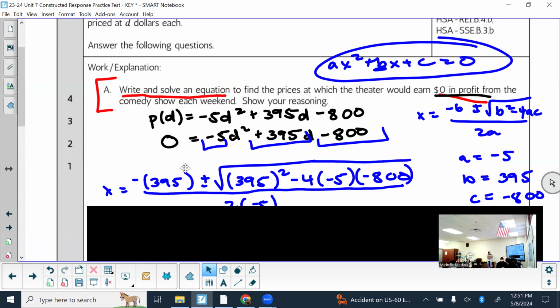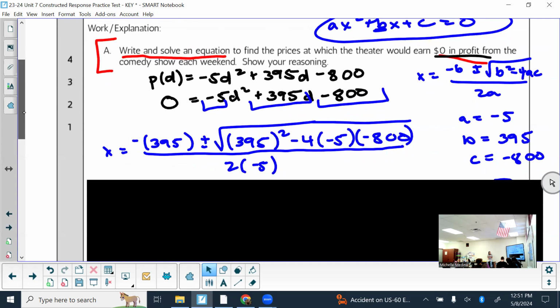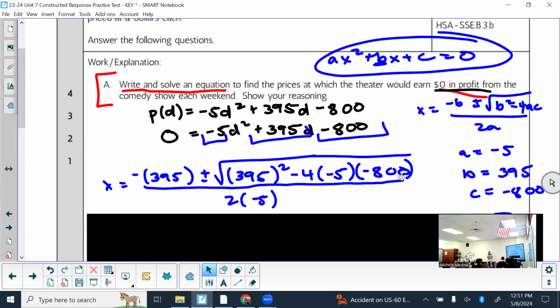So in this case, I identify my A, B, and C. I would have my quadratic formula on the screen, and all I have to do is plug in. Anytime you plug in, use parentheses. That would be reasoning enough, because I know the rest you could do in your calculator.